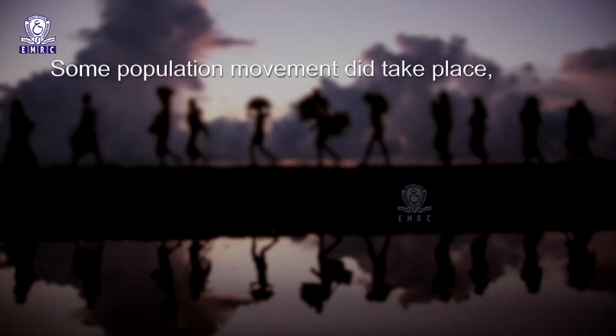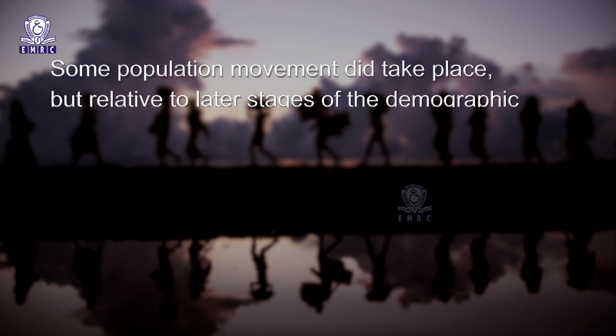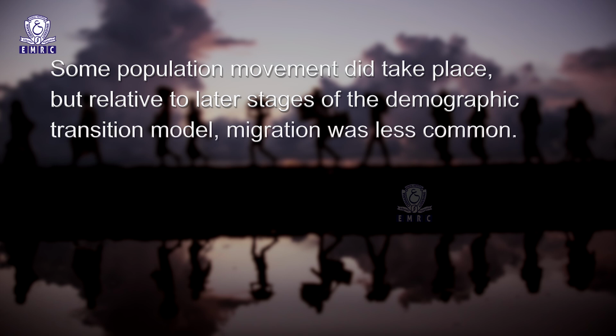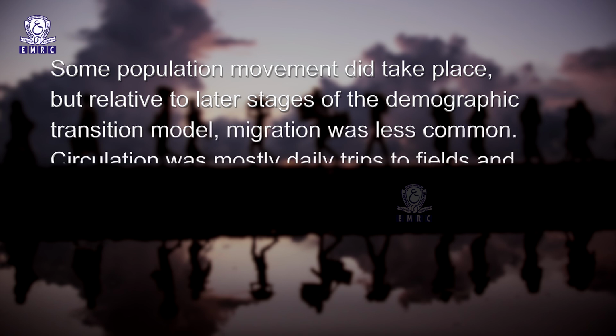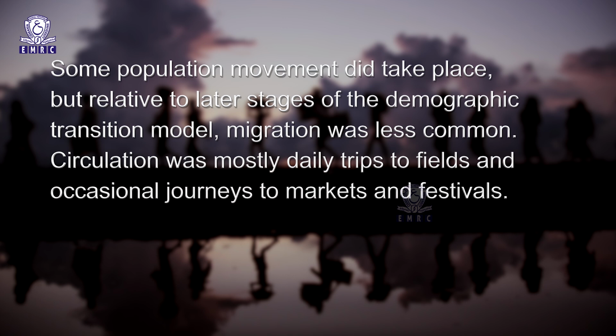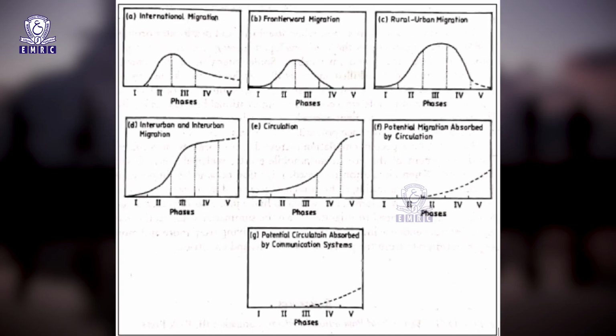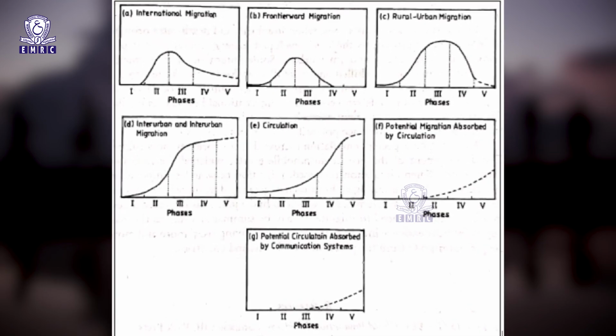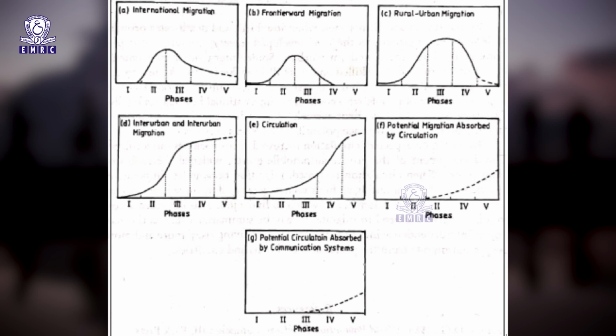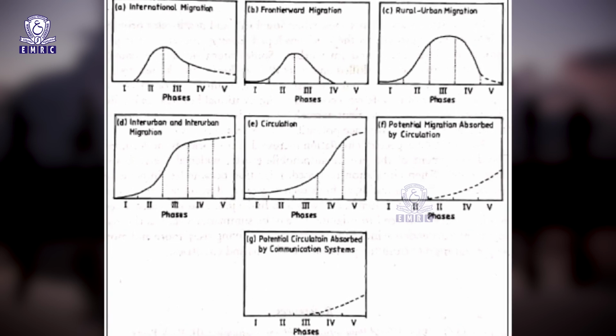Some population movement did take place, but relative to later stages of the demographic transition model, migration was less common. Circulation was mostly daily trips to fields and occasionally journeys to markets and festivals. So, this transition model explains different graphs or the scales of migration in different stages.